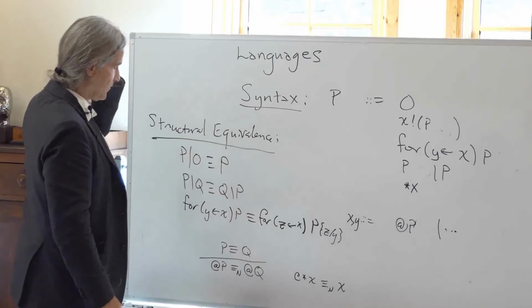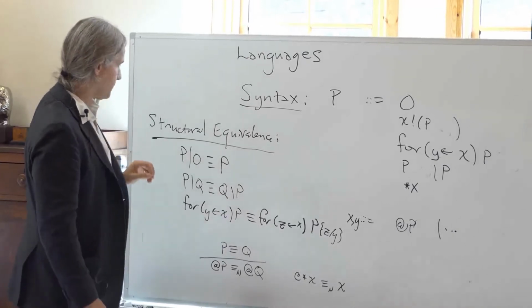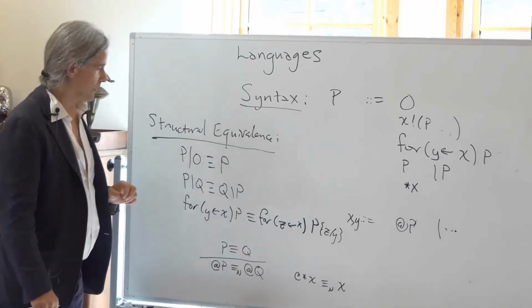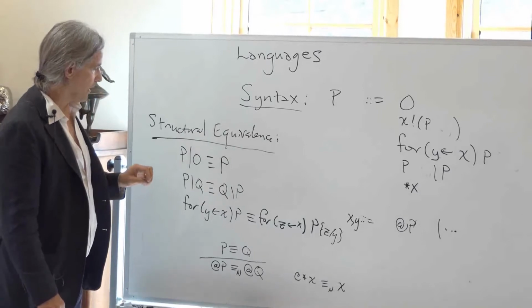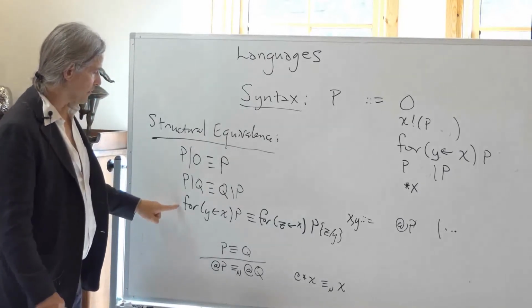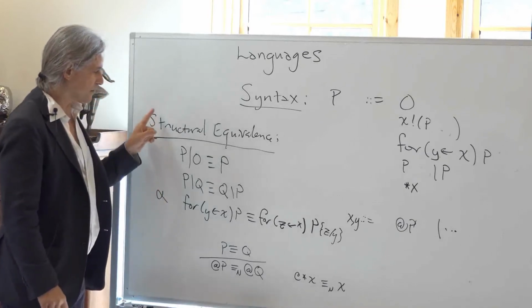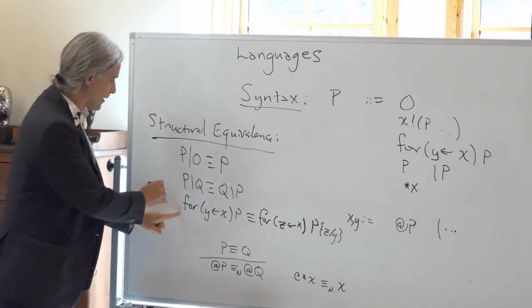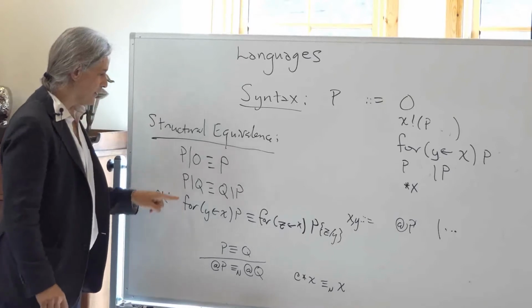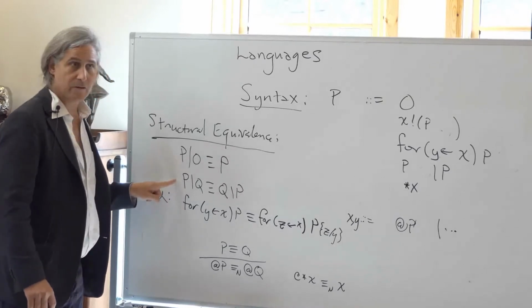So look, we've said that structural equivalence is the smallest equivalence that includes alpha equivalence and expands it with these equations.